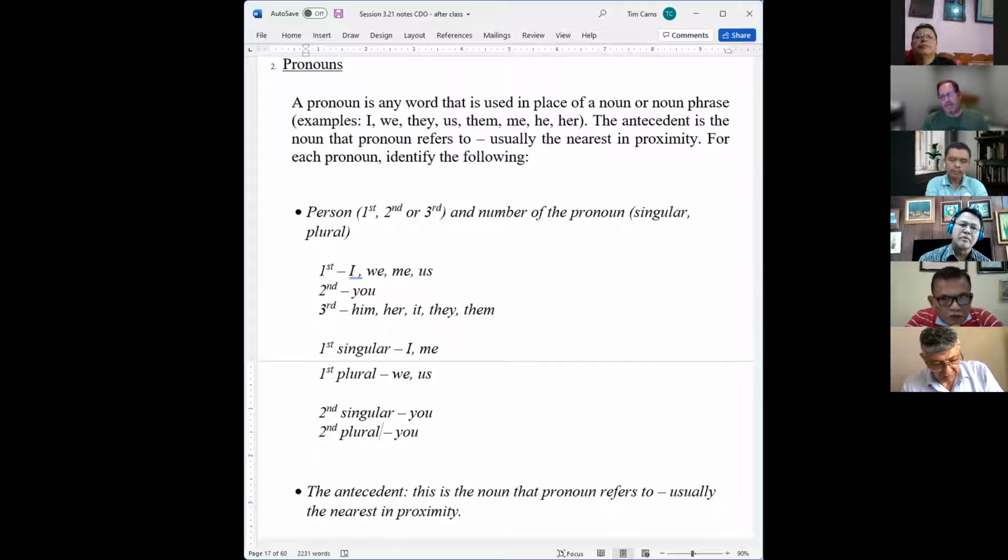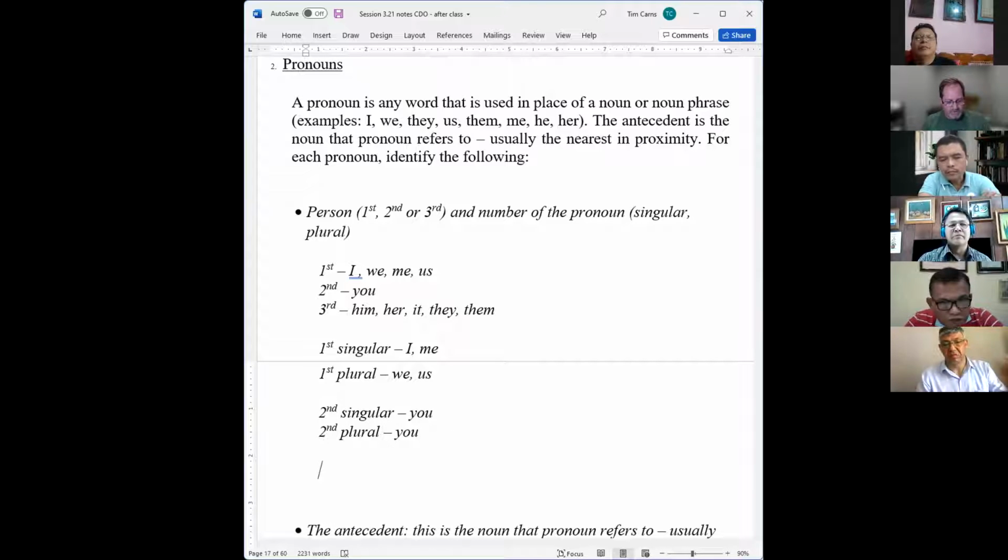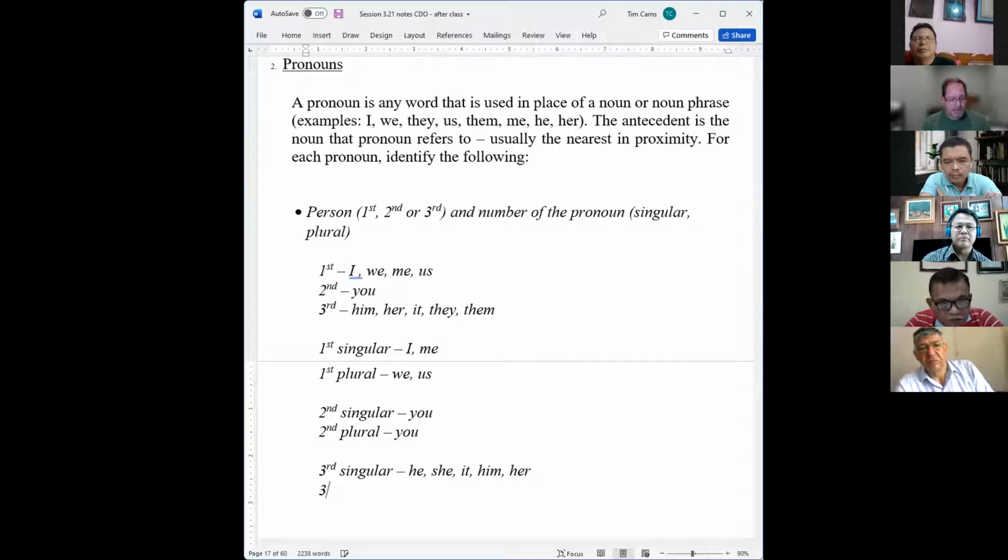Both are you. That's one of the challenges with English to consider, and I'll show you that in a minute. Third person singular would be he, she, it, him, her. But third person plural would be they or them.